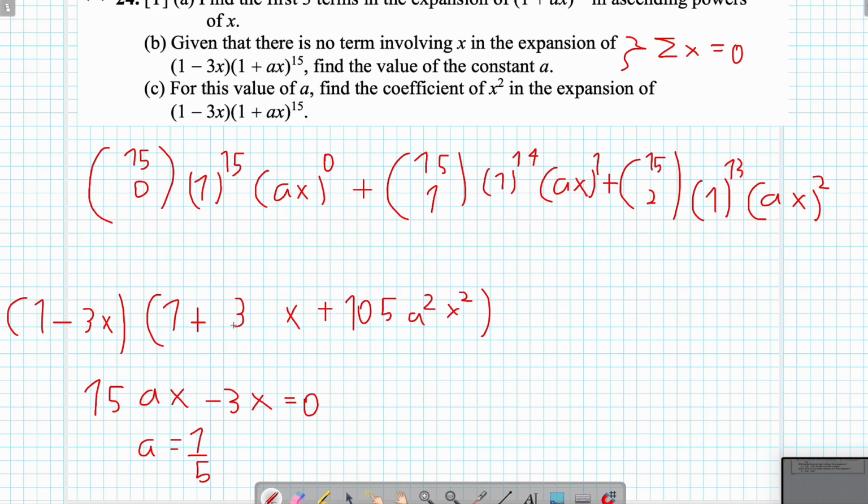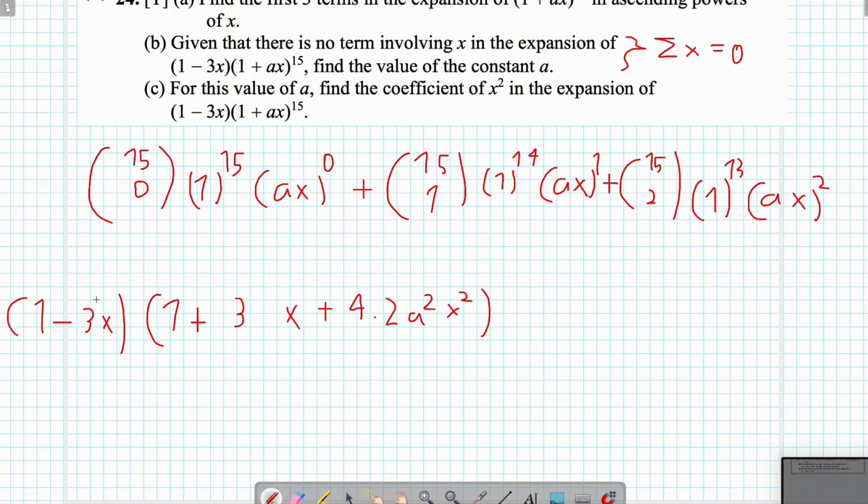And then 105 times 0.2 squared is 4.2. Then again we're gonna need to distribute and then find the coefficient of x squared.